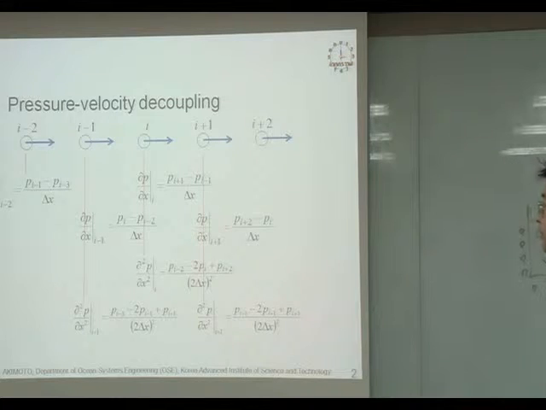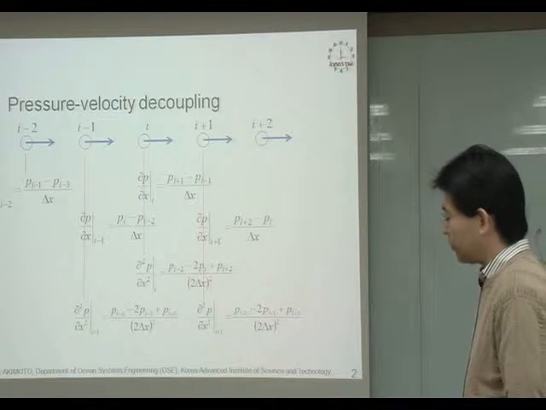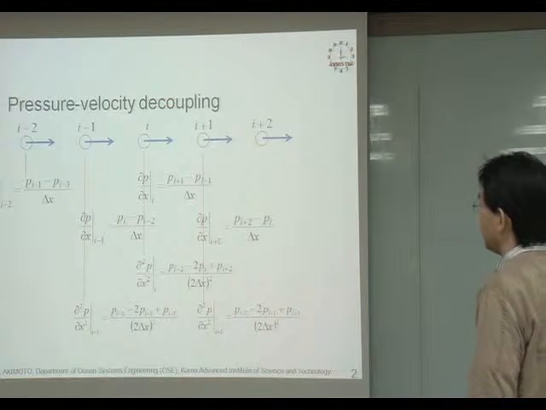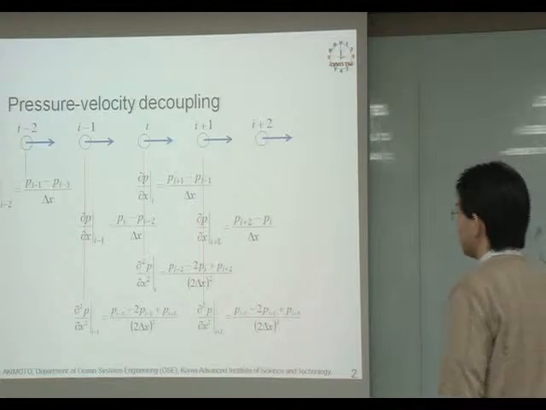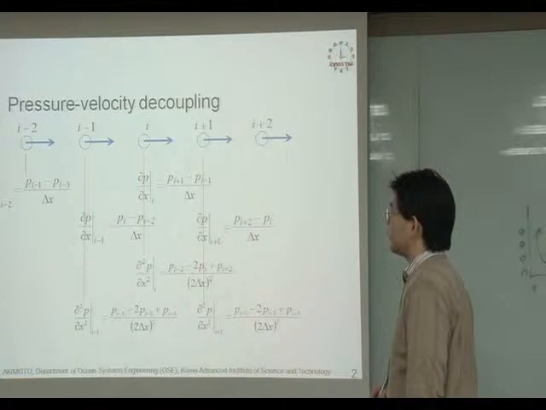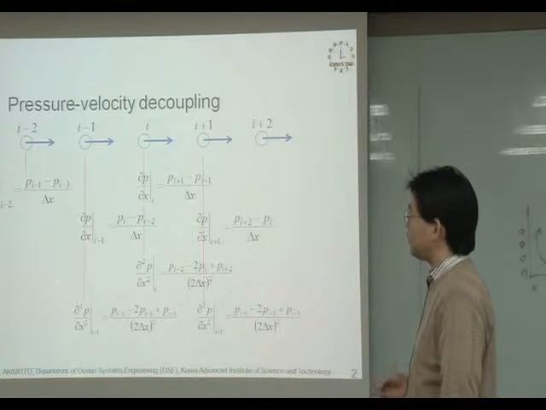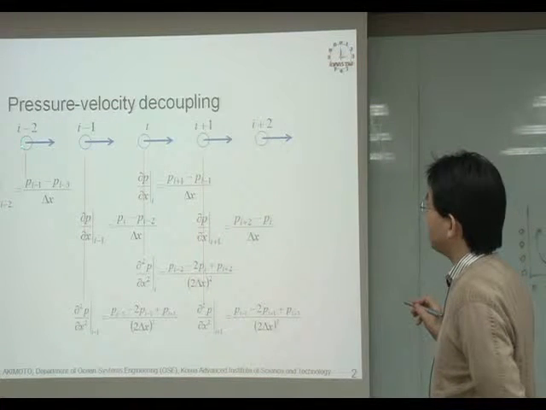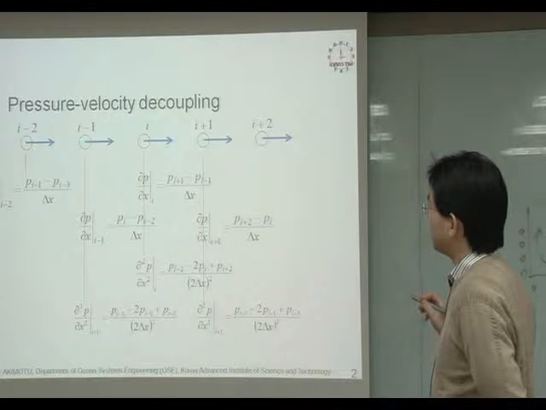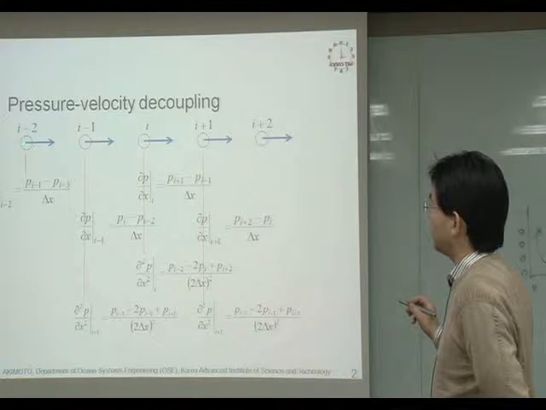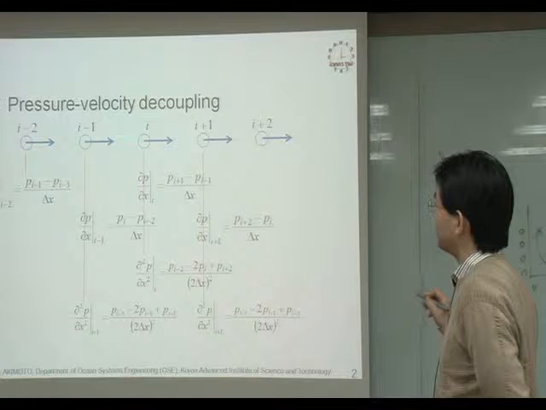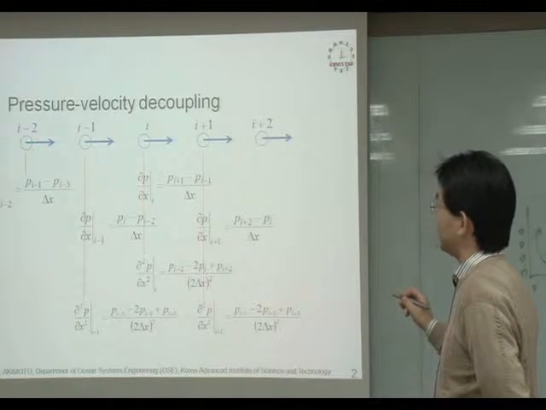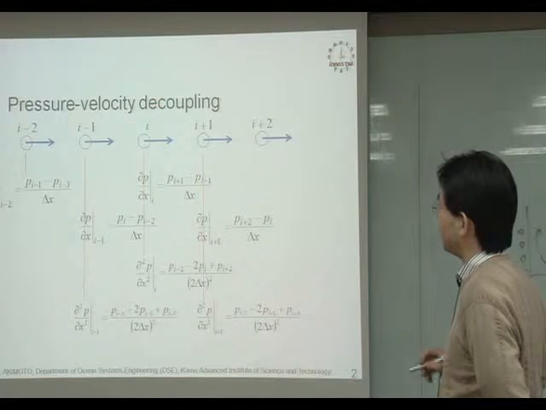However, in incompressible flow, it shows instability. This slide shows the condition in the one-dimensional case. If the pressure point and velocity points are located at the same position, it is a collocated definition of pressure and velocity.